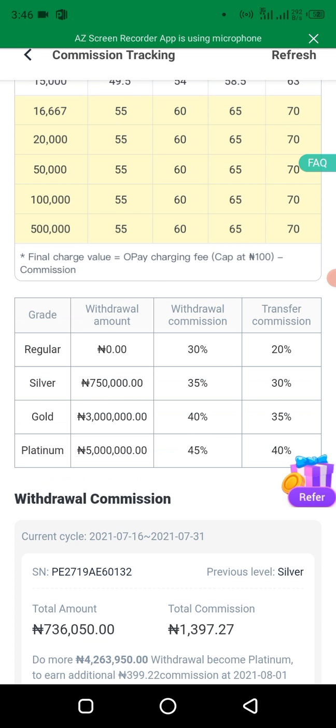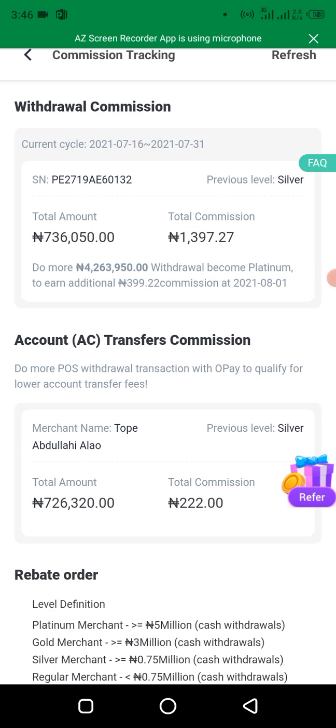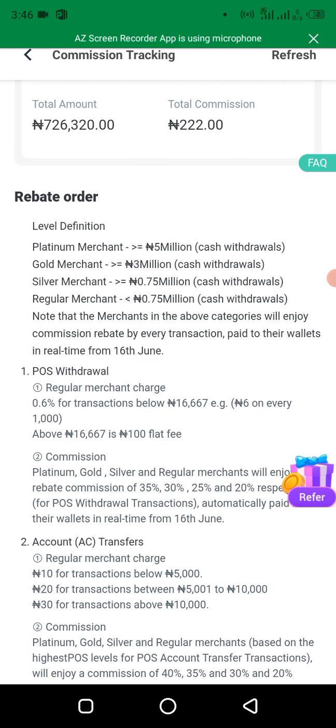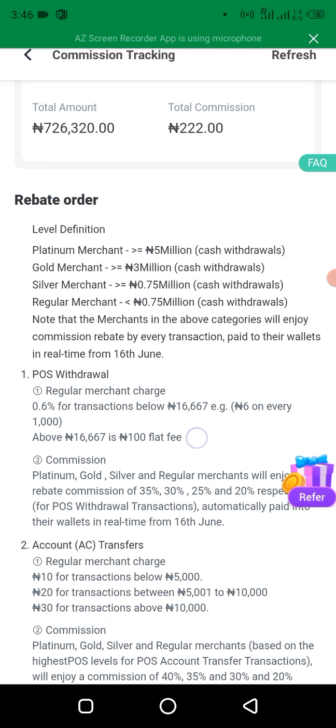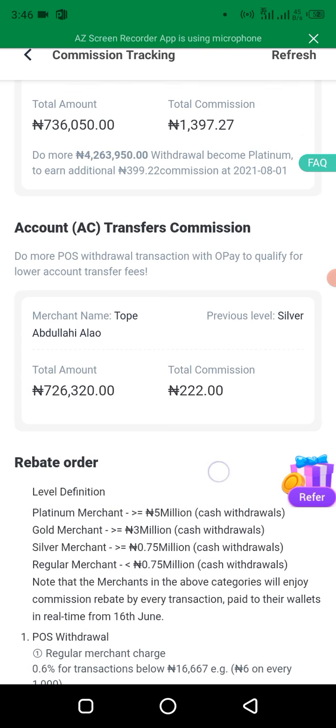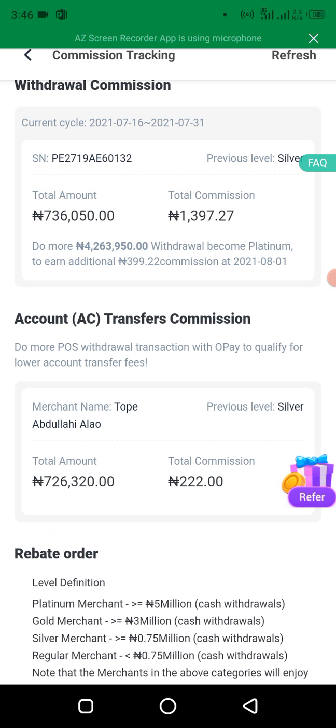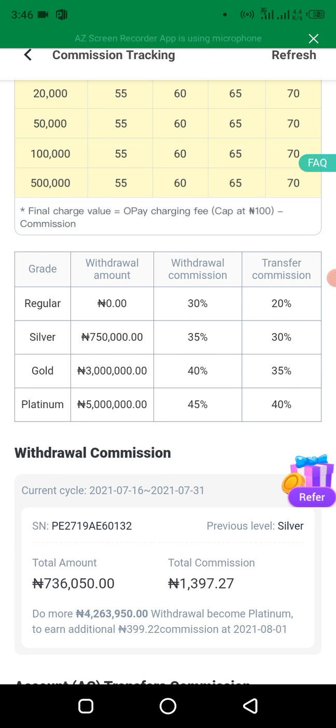Now let's take, for example, one that's very clear. If you withdraw 20,000, for everybody, remember, they charge you 100 naira, which is what we have here. For everybody, Opay will charge you 100 naira if the withdrawal is above 16,667. Now let's say you withdraw 18,000 naira. Opay charges you 100 naira. If you are a regular merchant, the charge is 100 naira.